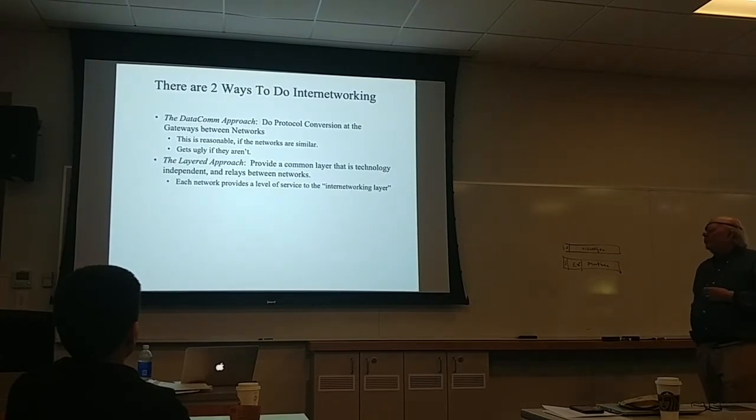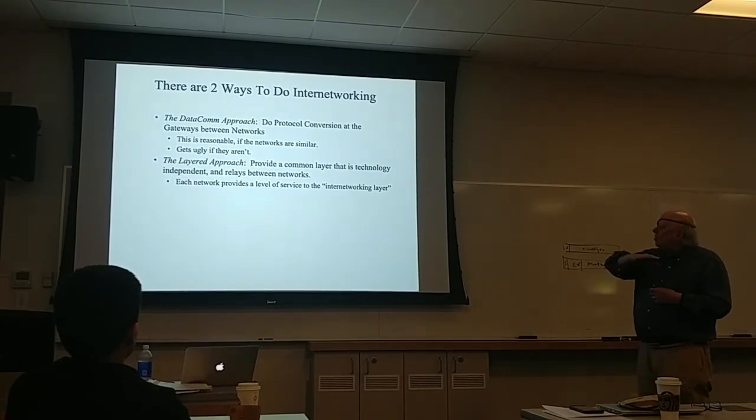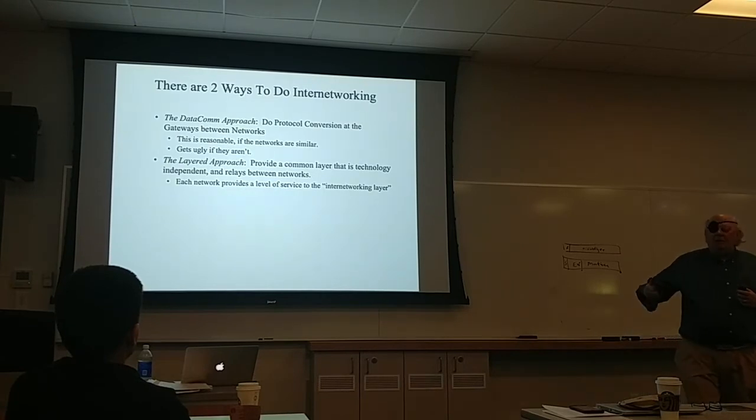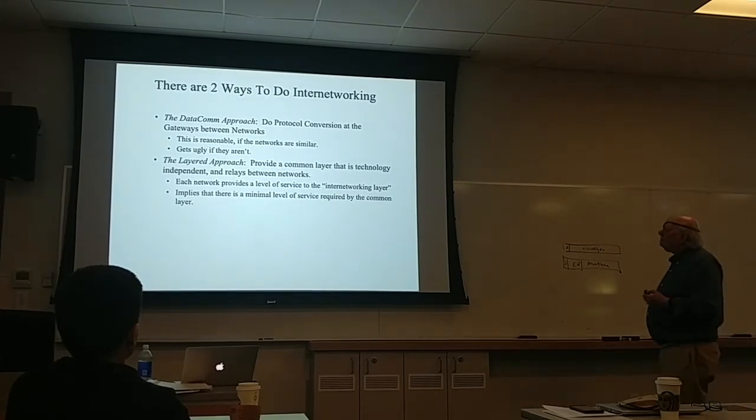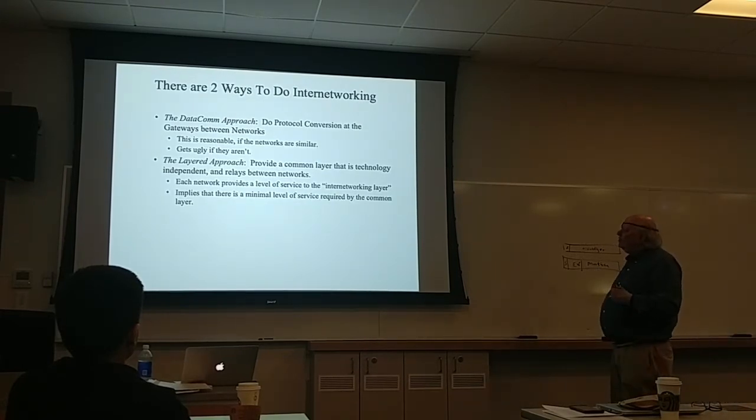The layered approach, on the other hand, provides a common layer across all of the other technologies, and essentially has them support the services of that common layer. That way, you only have an n-by-1. Every network has to do what it has to do to support the common layer, and that makes the problem a little easier. This implies that there is a minimal level of service required by the communication layer.